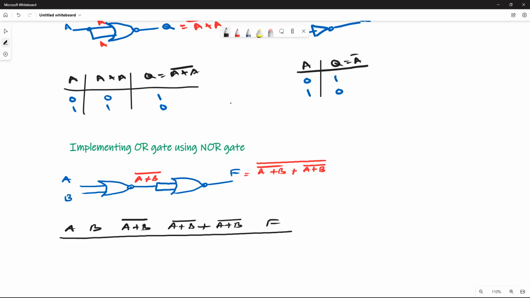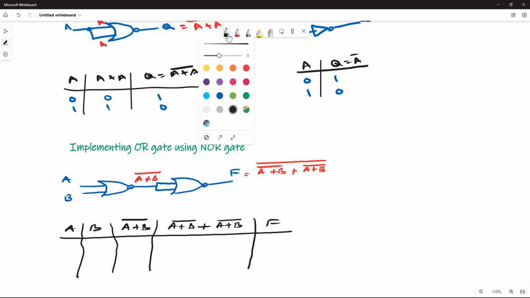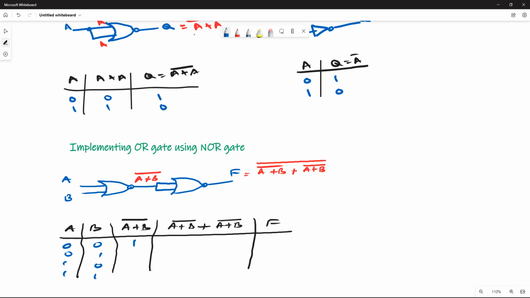So if you do this, we can take the values. We know A should be 0, 0, 0, 1, 1, 0, and 1, 1. So addition and bar: you add 0 plus 0, 0, bar is 1.